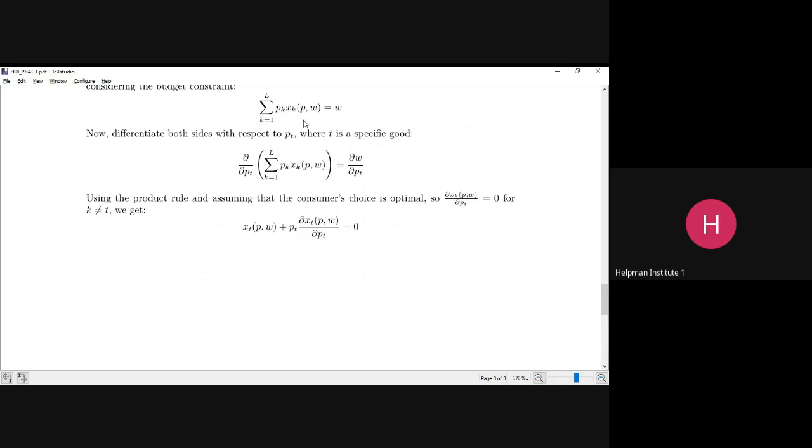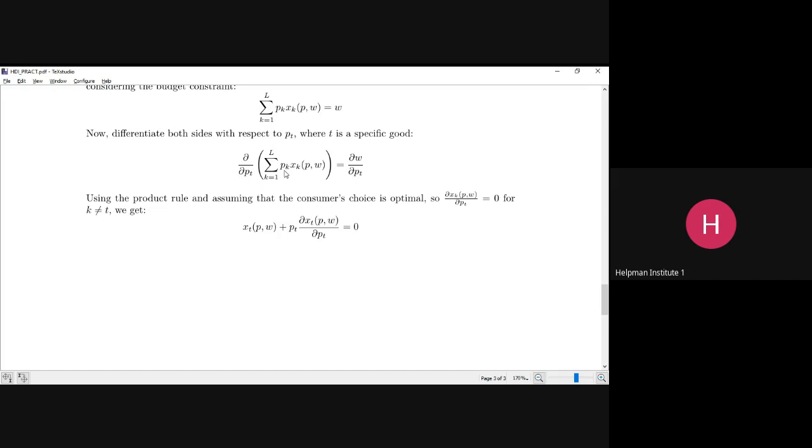From this constraint equation, I differentiate both sides with respect to p, our price. When we do this derivative, we have to apply the product rule of differentiation. The product rule says hold a particular variable constant and differentiate the other, then sum it with the derivative of the other one with the first held constant.